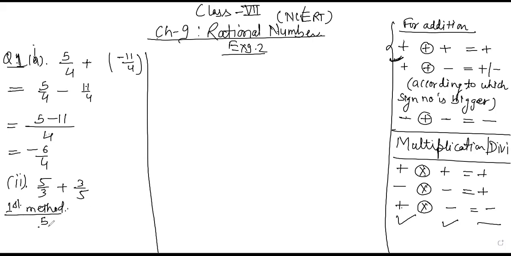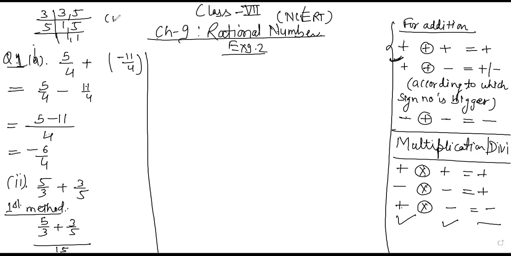So 5/3 plus 3/5. You know how to find the LCM. 15 is the LCM. If you don't know, no problem. For 3 and 5: 3 ones are 3, 5 there, and 5 ones are 5.